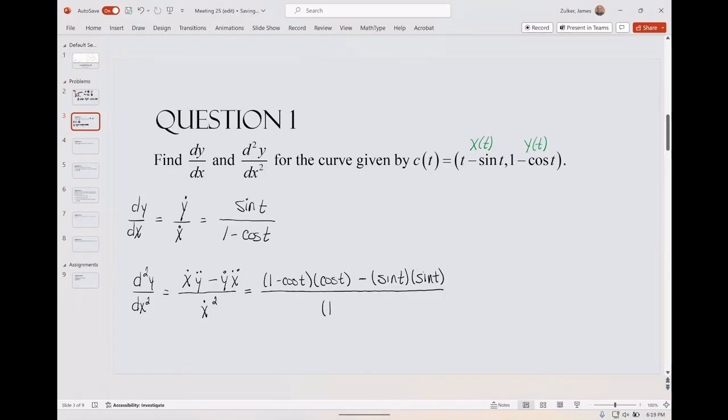Now, x dot squared. Now we just got to simplify it. Well, let's not expand out the denominator.